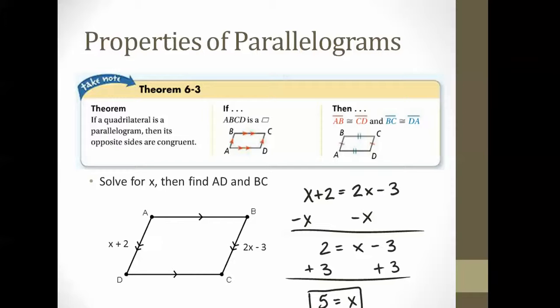So now if we want to find AD and BC, we're just going to plug that value in and see what we get. When we plug a 5 into each of those expressions, we find out that both sides are equal to 7.